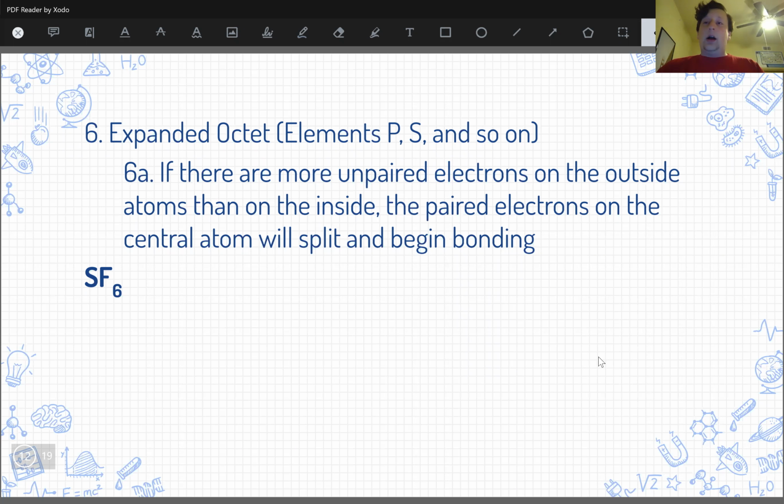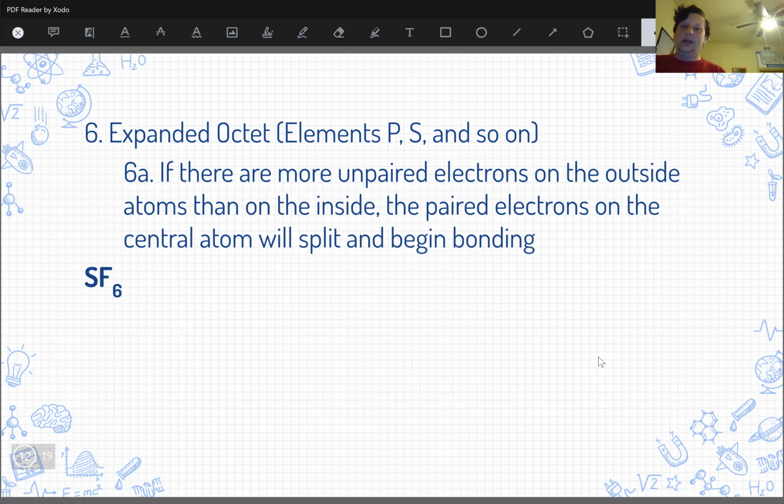Now, expanded octets. These are any kind of element, phosphorus, sulfur, or anything beyond that on the periodic table. The octet rule is not as widely applicable as it would sound, given the name octet rule. It actually only applies to anything before phosphorus and after boron.